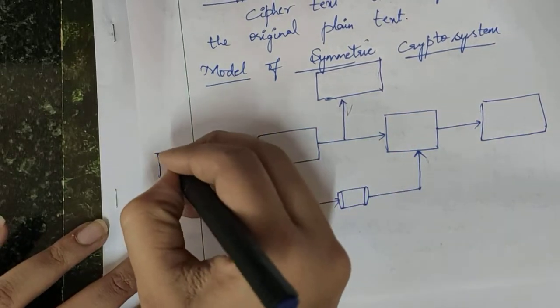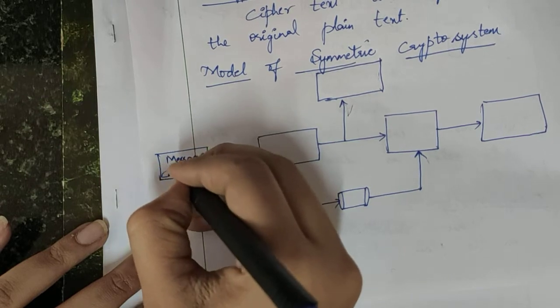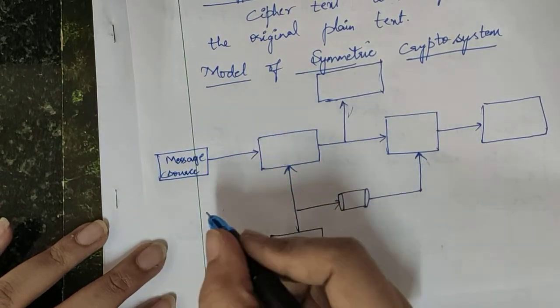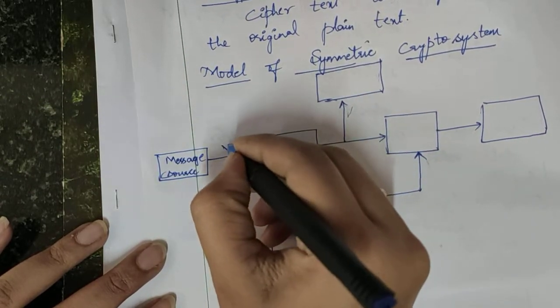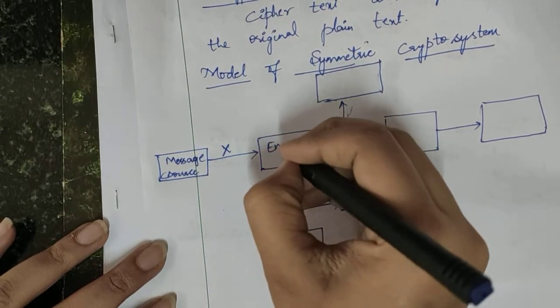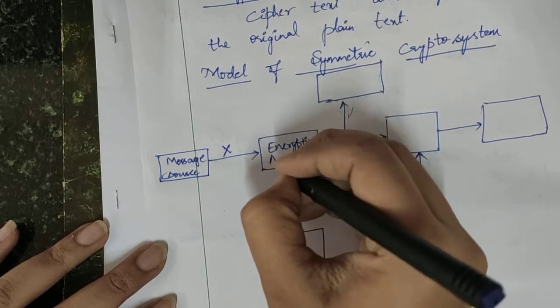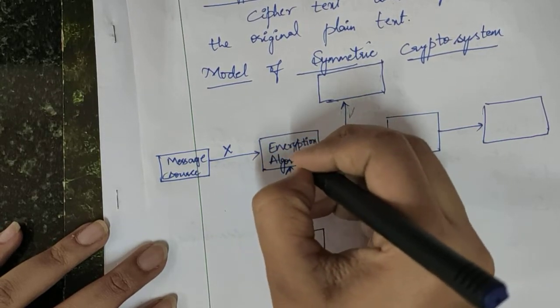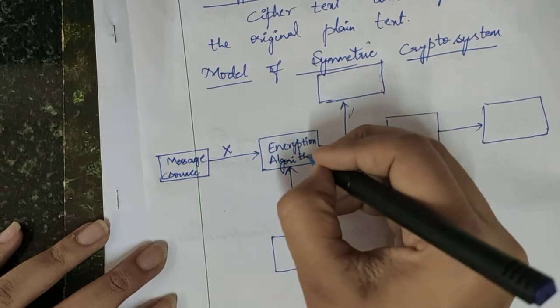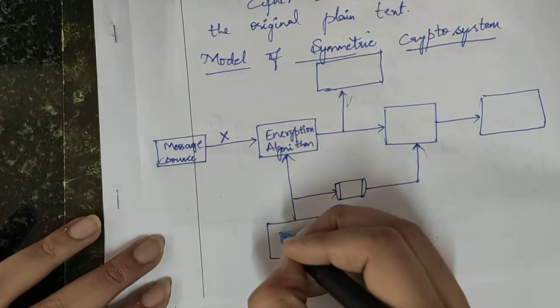This is nothing but the message source. From the message source, or I can say the message source as plain text, say X, it is subjected to the encryption algorithm. So if we have an encryption algorithm, I should have a key source also.